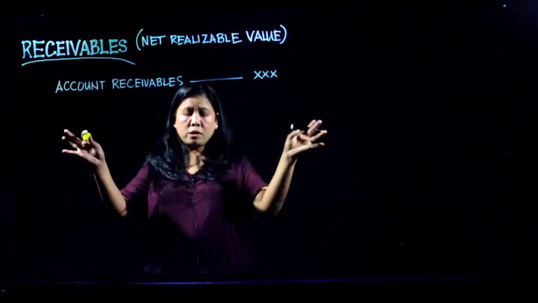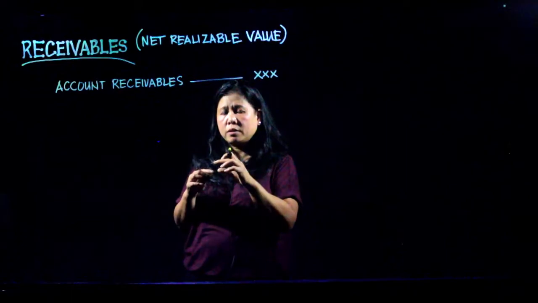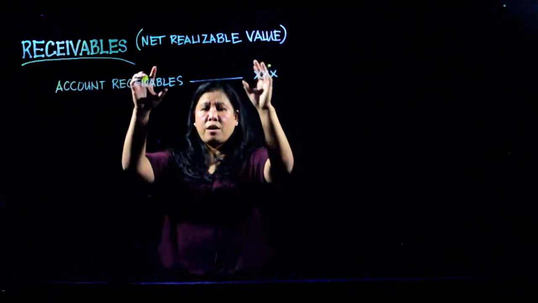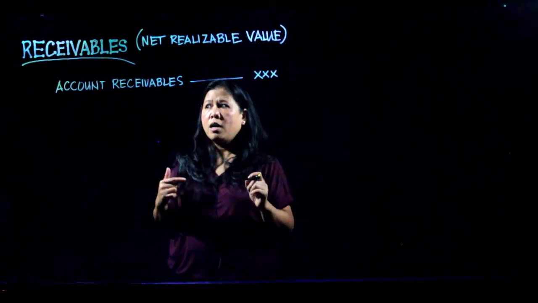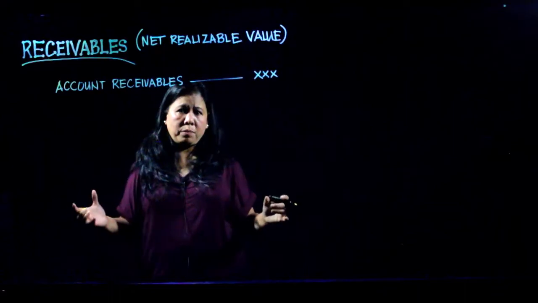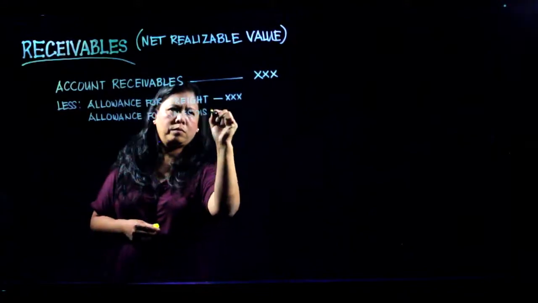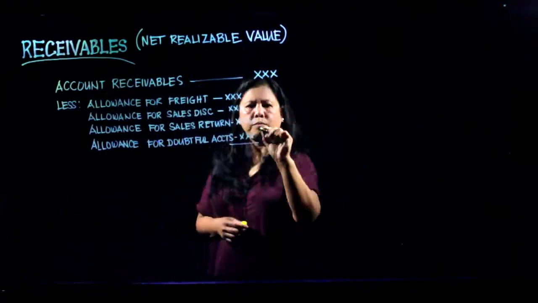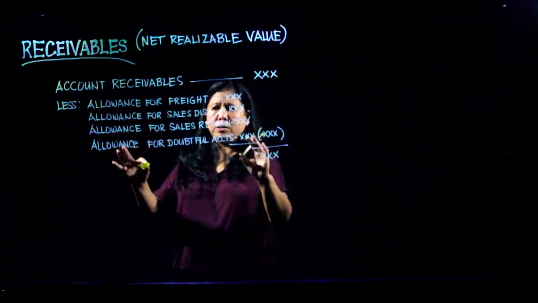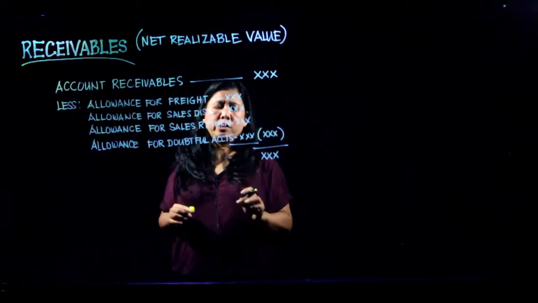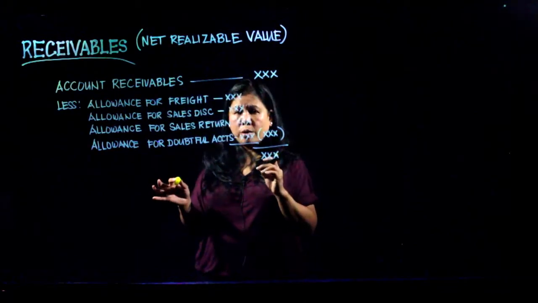So from the gross amount of the accounts receivable, we deduct some items to come up with the net realizable value. And what are these items that we have to deduct from our gross accounts receivable? And these are, so after deducting all of these allowances from the accounts receivable, we get our net realizable value of our accounts receivable.